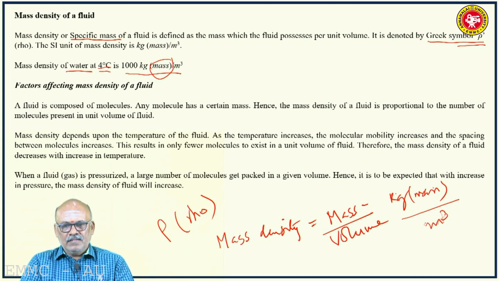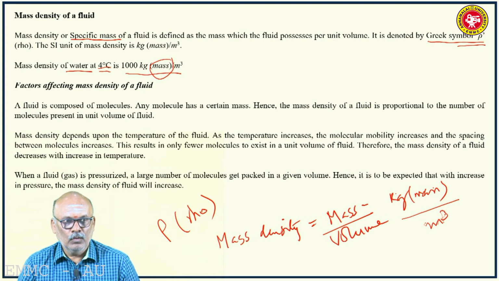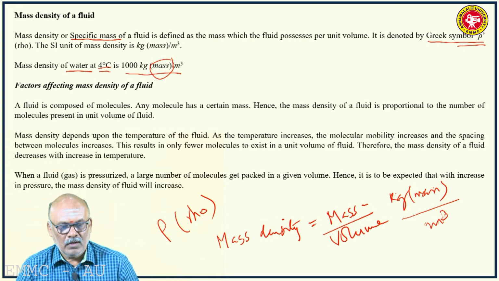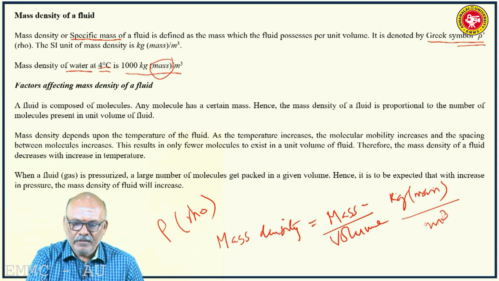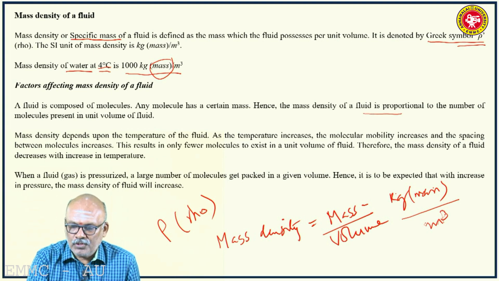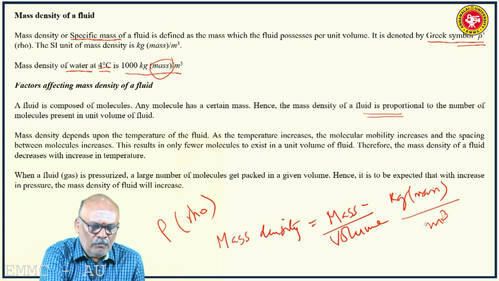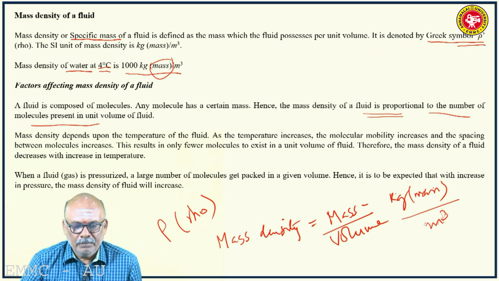So the mass density of a fluid is proportional to the number of molecules which the fluid possesses in unit volume. A fluid is composed of molecules, every molecule has a fixed mass, and therefore you can say that the mass density of a fluid is directly proportional to the number of molecules present in the unit volume of fluid.